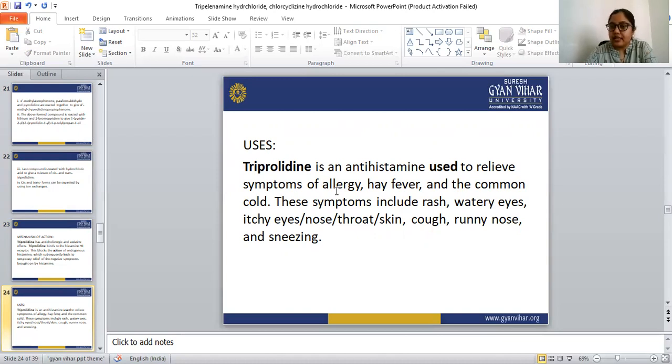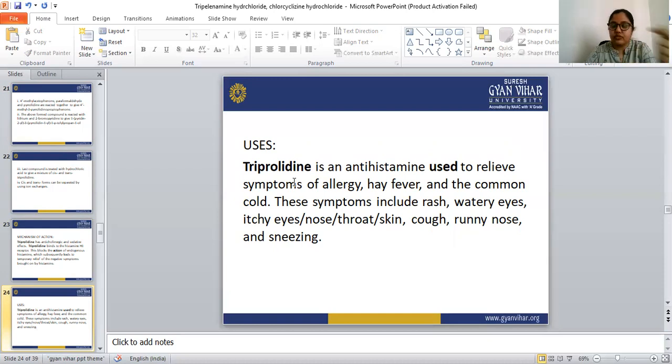These symptoms include rashes, watery eyes, itchy nose, itchy throat, itchy skin, cough, runny nose, and sneezing.